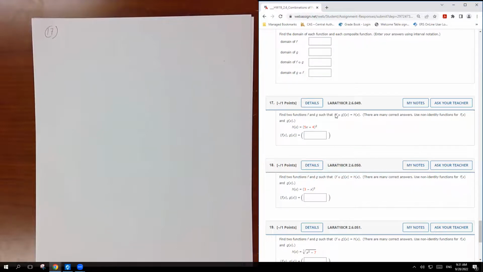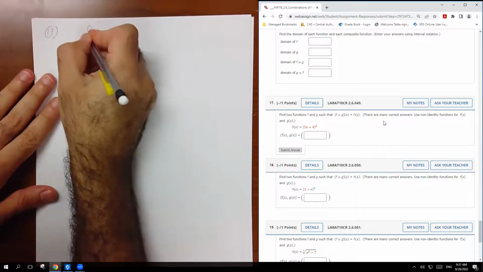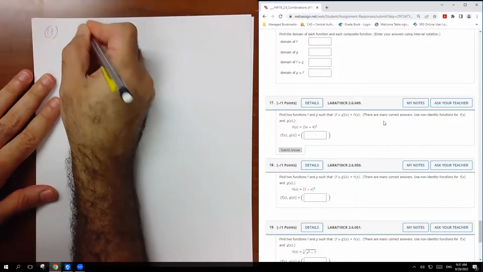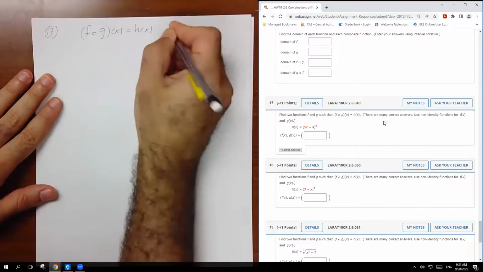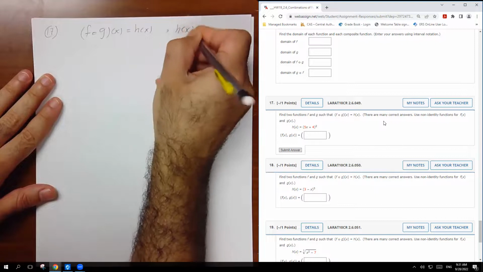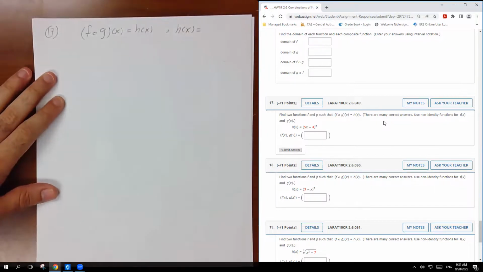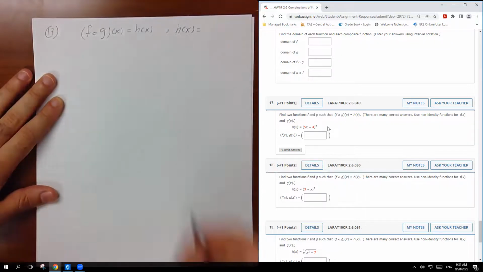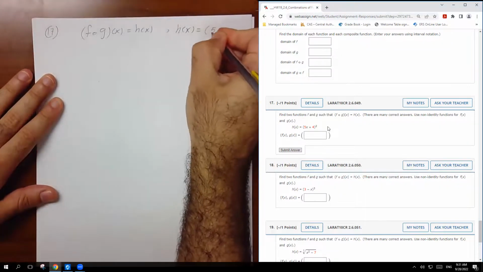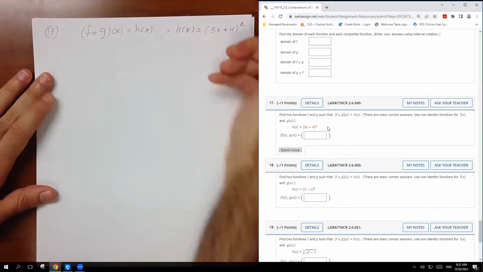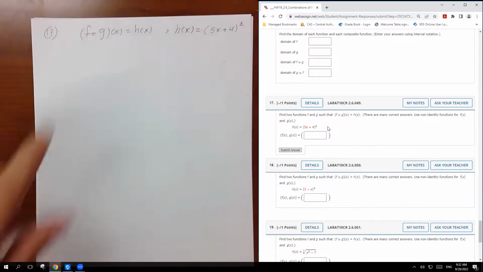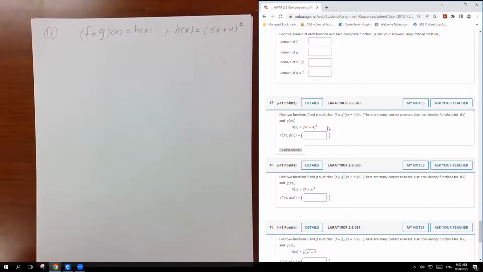So I'm going to write down f composite with g of x equals h of x. And they give you h of x equals 5x plus 4 squared. They ask you to find the f function and the g function.